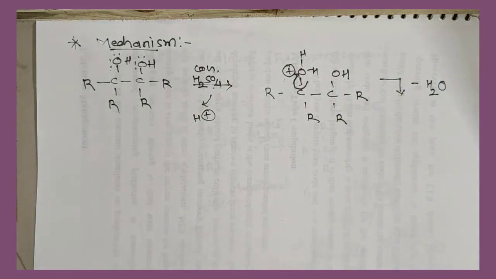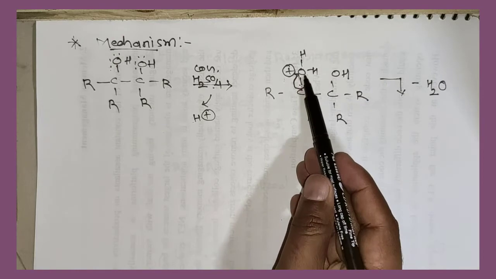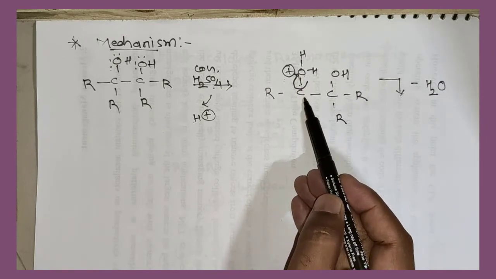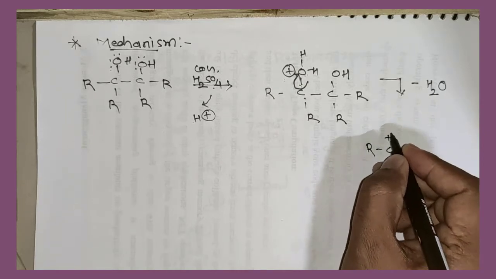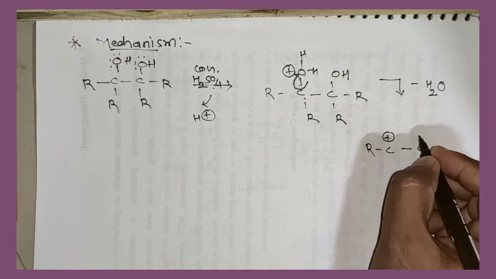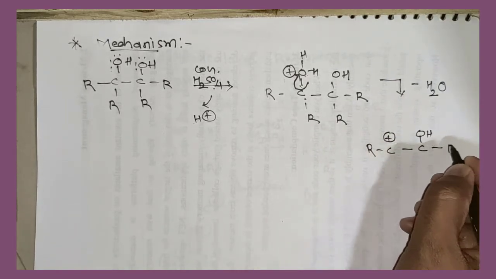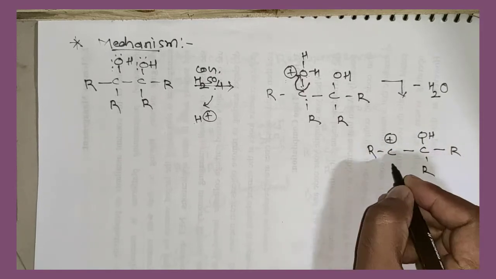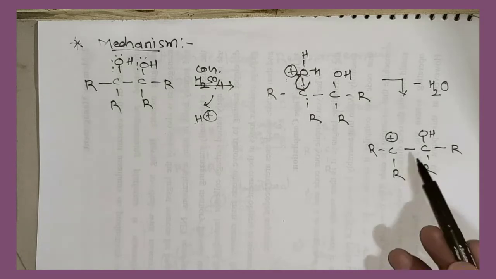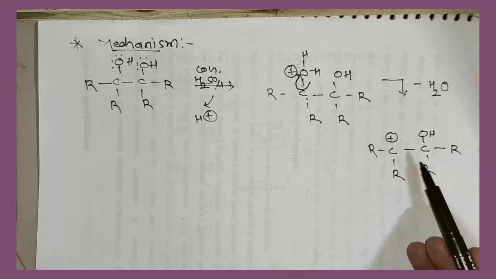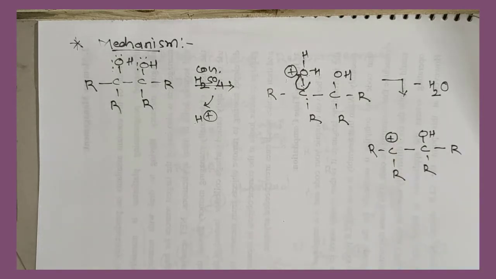Now the bonding pair transfers to oxygen, that's why this carbon is now positively charged. Or we can say that in Pinacol rearrangement, a carbocation is generated as an intermediate. So here this carbon is a carbocation and this is the intermediate.